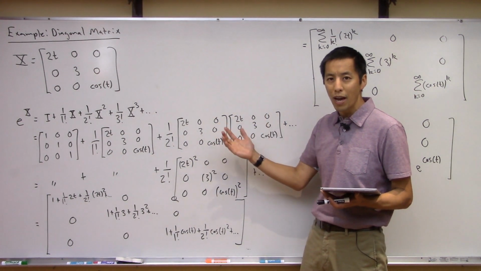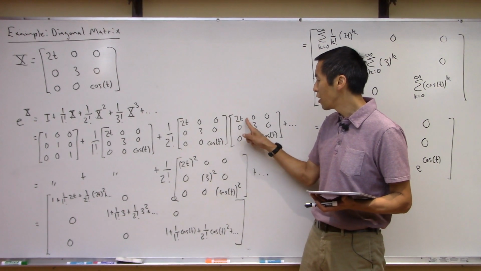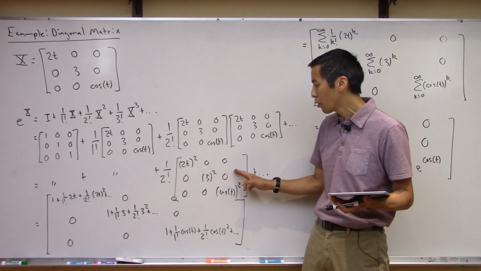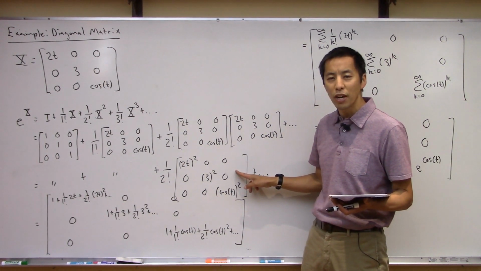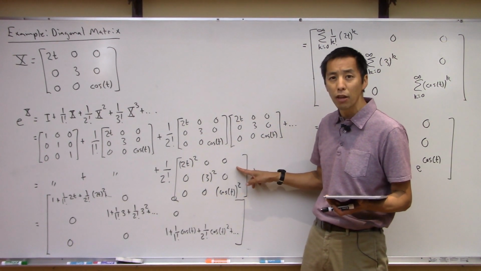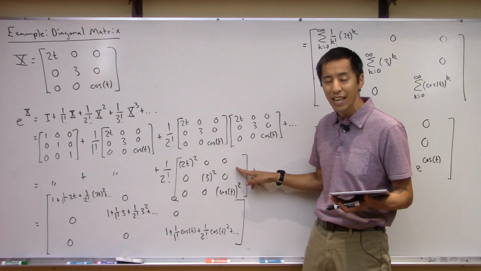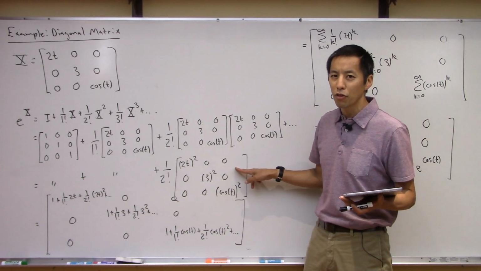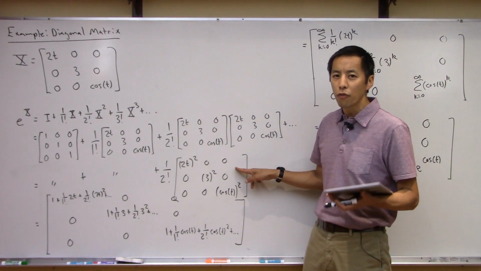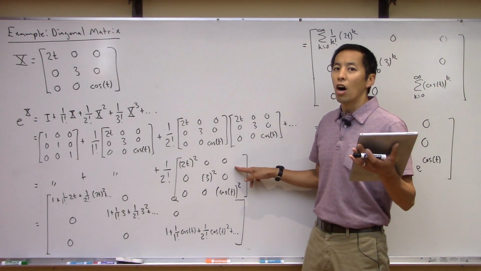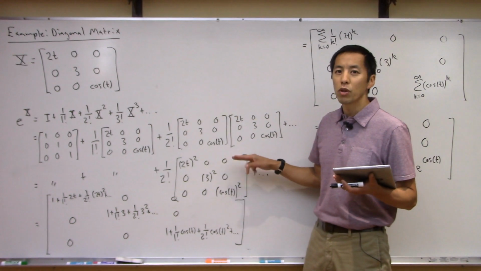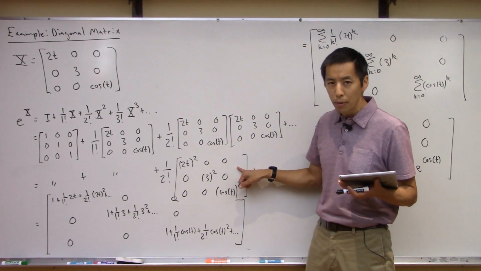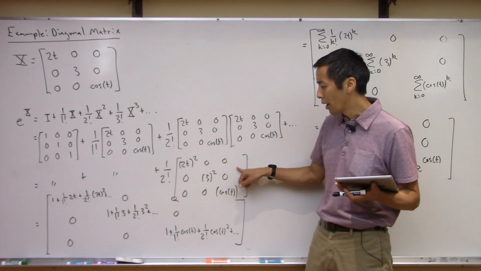Because if you do the math and do the matrix multiplication, this is going to multiply with this, that's going to multiply with that, etc. So you end up with basically this expression down here, where it's the same as element-wise operations. And again, I want to stress it one more time, just in case we missed it earlier: this is only for diagonal matrices. That's the only time you can treat matrix powers as basically element-wise powers, as you see here, right?